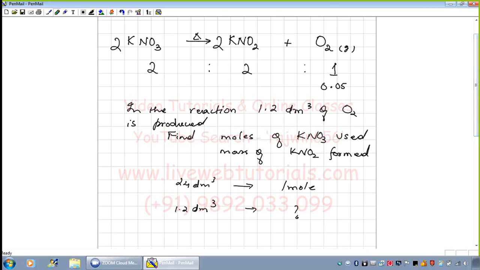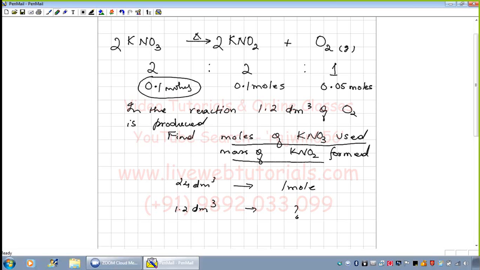That we have to multiply by 2. So we get 0.1 for the other. Correct. 0.1 moles of KNO3. This is used, so the answer you have got is 0.1 mole of KNO3 is used. Now how much is the mass of KNO2 formed?